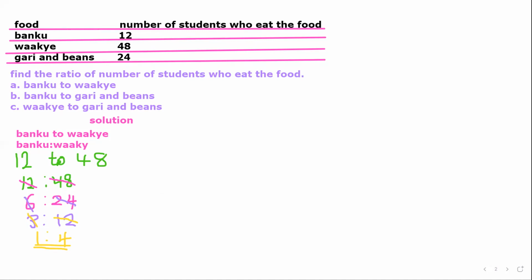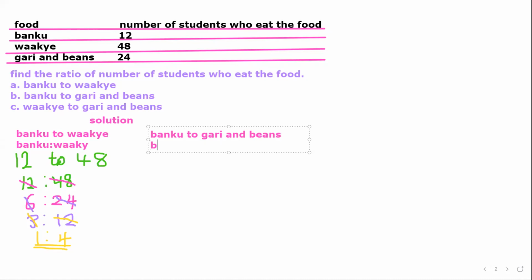So let's do the second one, Banku to Gari. We have Banku to Gari and beans.